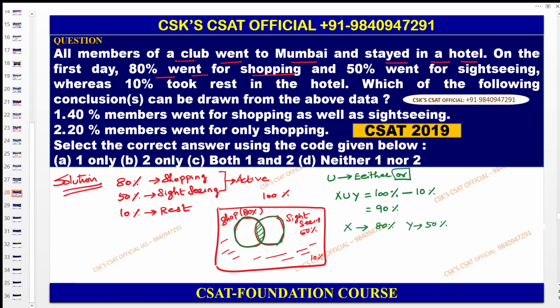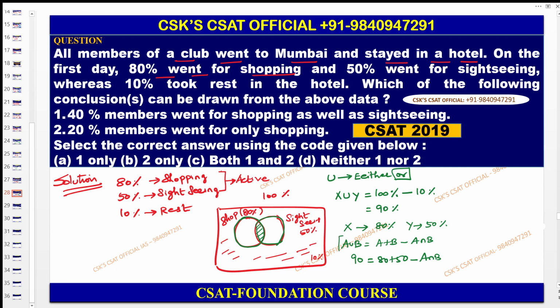How can we find out the both? You know the set A union B is equal to n of A plus n of B minus n of A intersection B. Same you can use here. Union here is nothing but 90, here 80 plus 50. Then intersection we don't know, right? Variables you can take x, y.